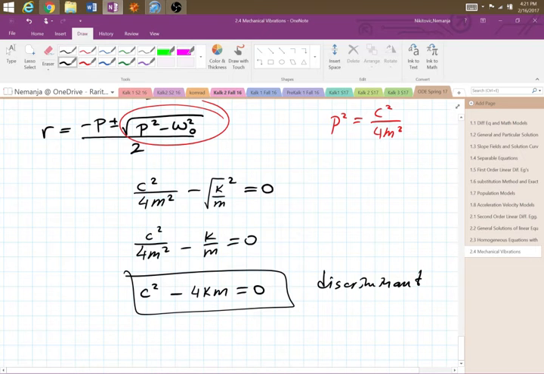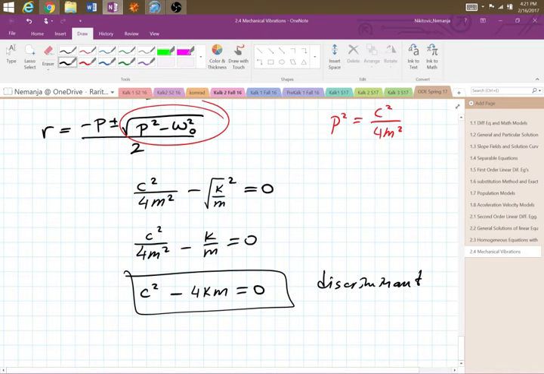And what does the discriminant do? Again, it discriminates between 3 possible cases. We can have this discriminant be positive, be equal to 0, or be less than 0. And you are going to have the three cases.